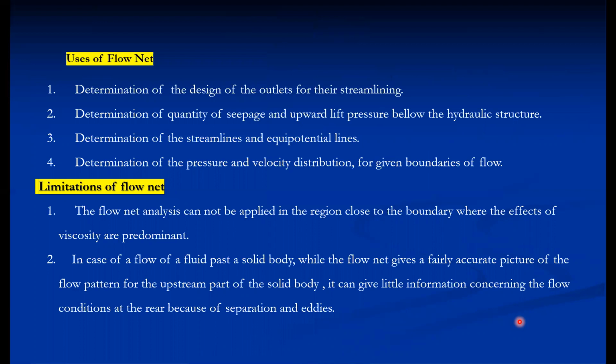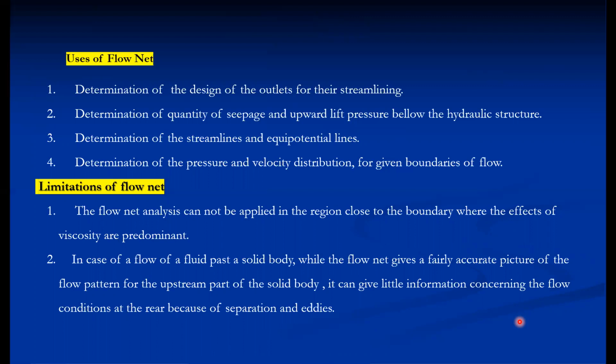It may be used for finding the quantity of seepage and the upward lift pressure below hydraulic structures, especially soil structures where the seepage quantity can be determined. It can be used for determination of streamlines and potential lines. It is also used for determination of pressure and velocity distribution for given boundaries of the flow.